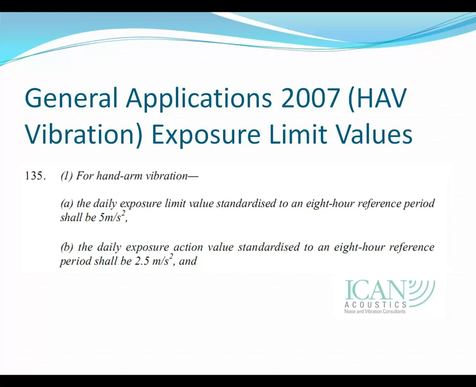Now again, there are limit values, and the first item there we're looking at is item A, which is a daily exposure limit value. And you'll notice there are also, similar to noise, daily exposure action values. And again, you'll notice that the acceleration is lower for the action value.